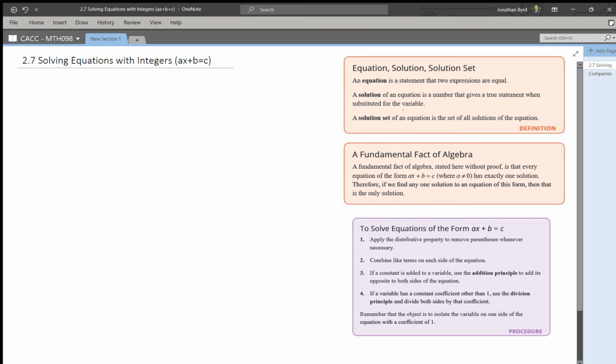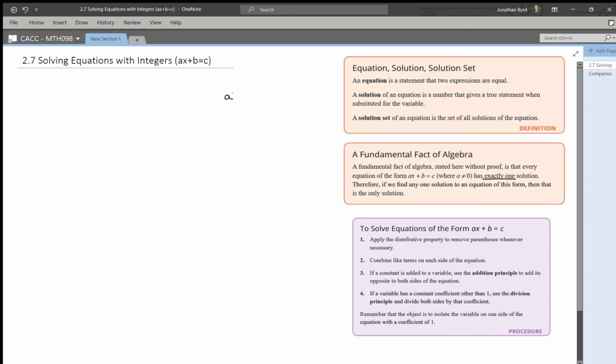But then they go on to talk about the fundamental fact or theorem of algebra, which is that every equation ax plus b equals c, which is the type that we're talking about right now, has exactly one solution. And I just want to bring your attention to that because it's something that we have talked around but not about yet.